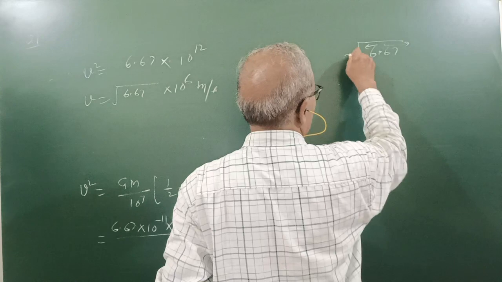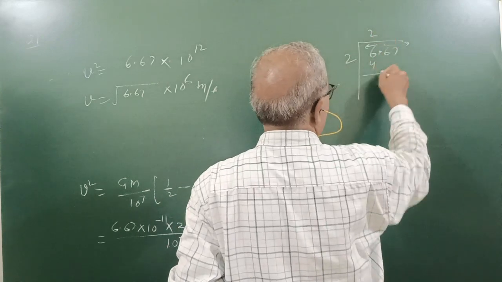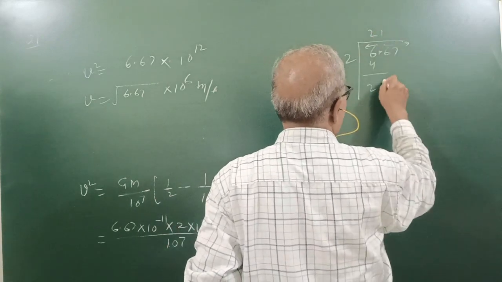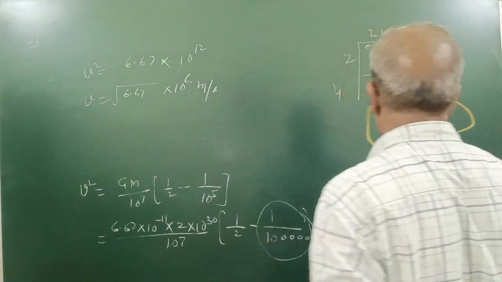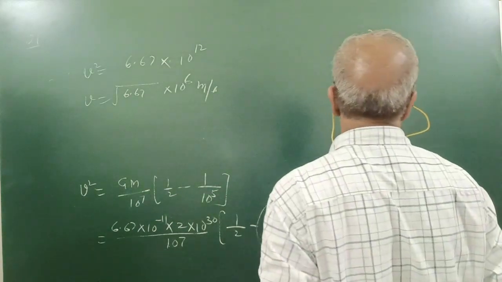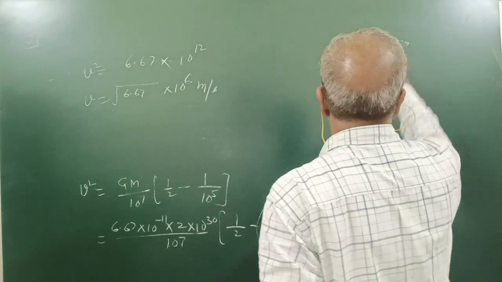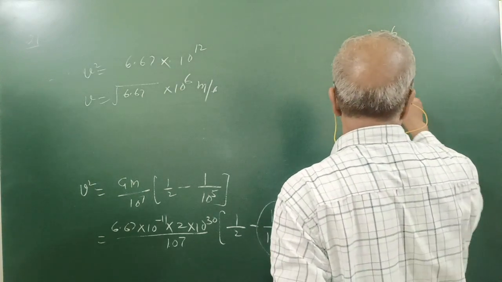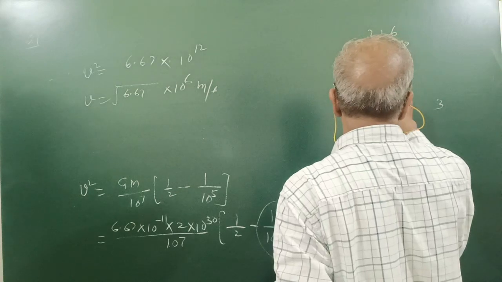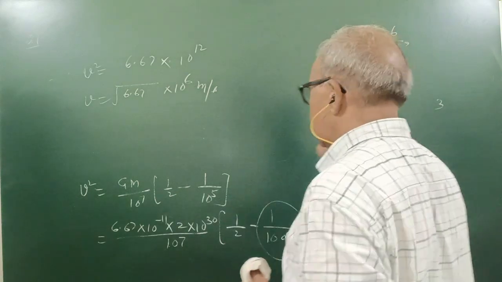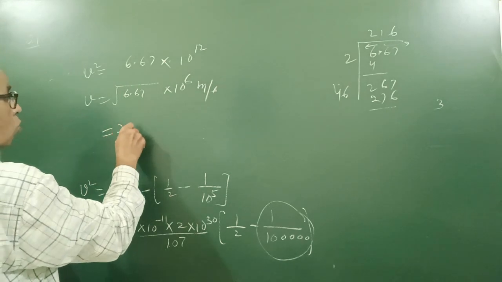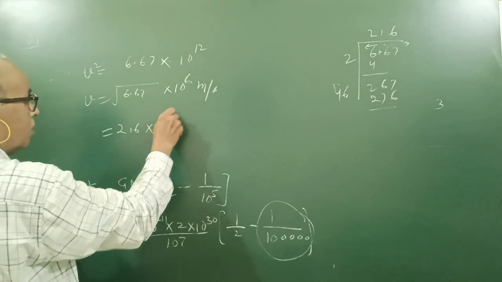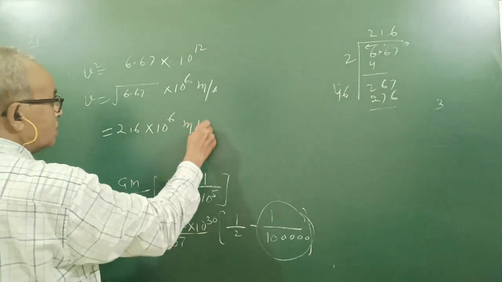Here this is 2 to the 4, 2.67. It is 4. We have 2 here, last digit. 4, 6 are 24, 6 are 30. 27. Hardly it is equal to this. So it is nearly equal to 2.6 into 10 to the power 6 meter per second.